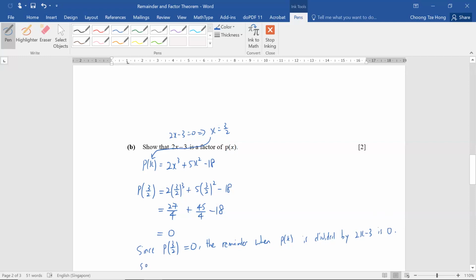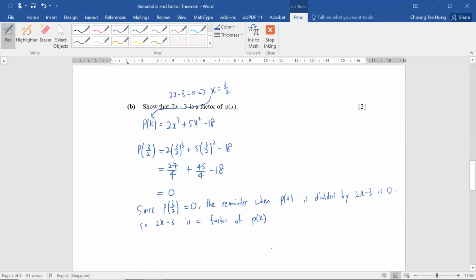So 2x minus 3 is a factor of P(x). To show that 2x minus 3 is a factor, I show that when I divide P(x) by 2x minus 3, my remainder is 0.